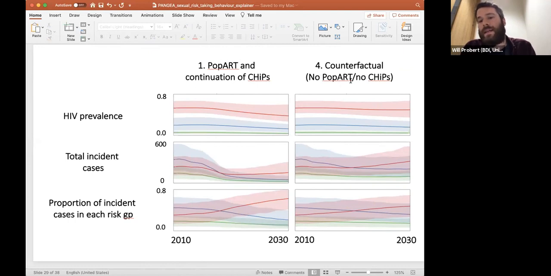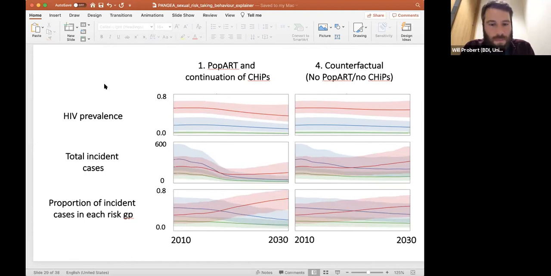And on the right-hand side is a counterfactual, so no simulation of the Popheart trial and no CHIPS intervention. On the top row is HIV prevalence, in the middle row is total incident cases, and on the bottom row is the proportion of incident cases in each risk group. There are three different risk groups shown here. In red is the high risk group, in blue is the medium risk group, and in green is the low risk group.